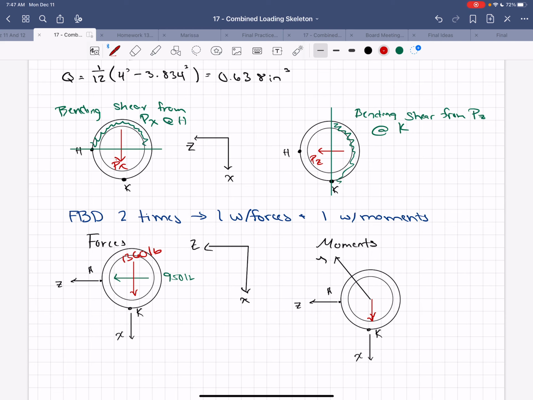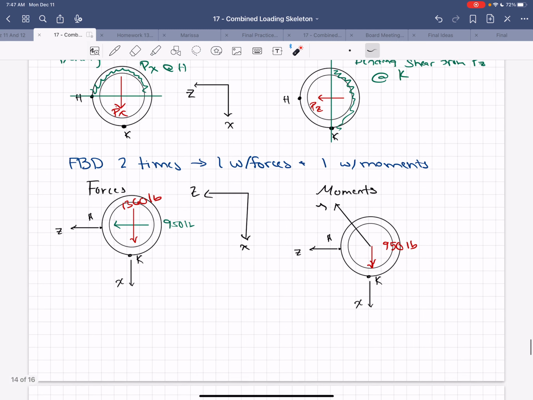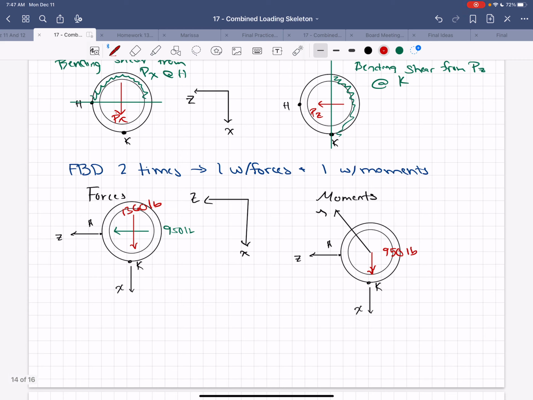And it's going to be PZ, 950 pounds times the distance to H, which is 6 inches. So 950 pounds times 6 inches. So this moment is 5,700 pound inches.